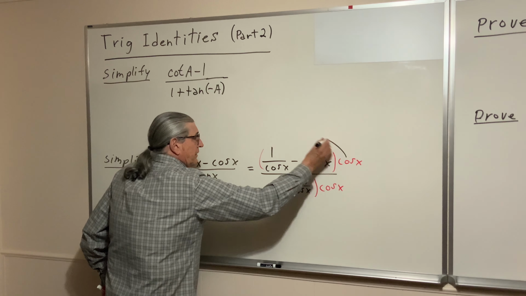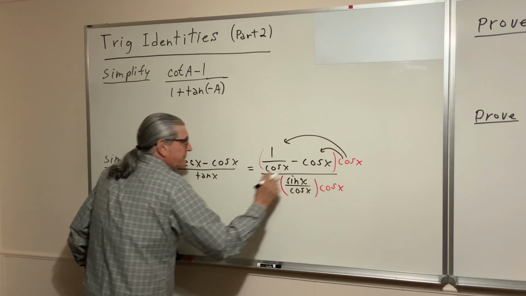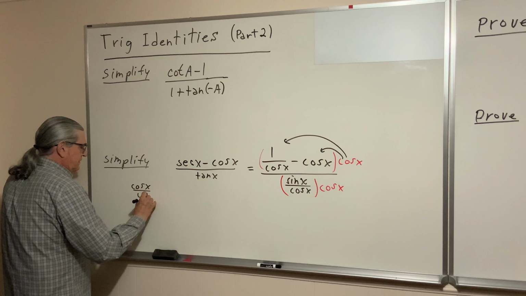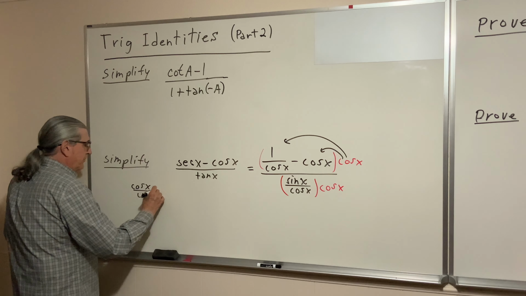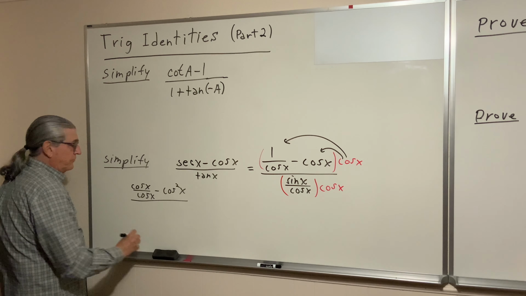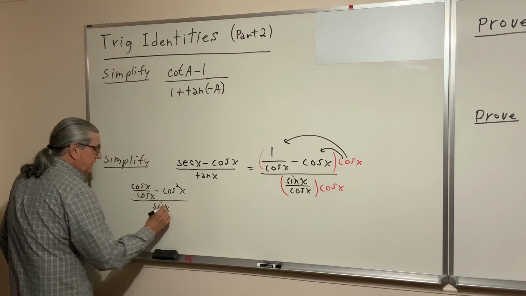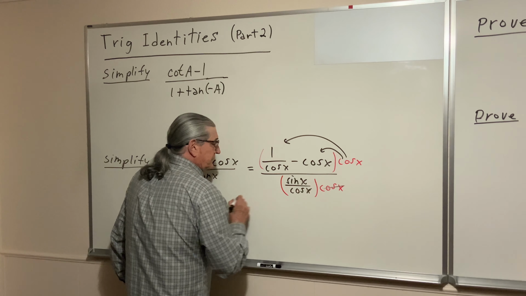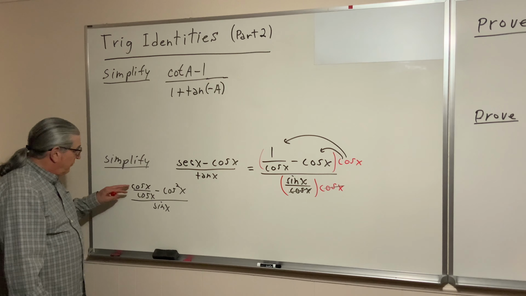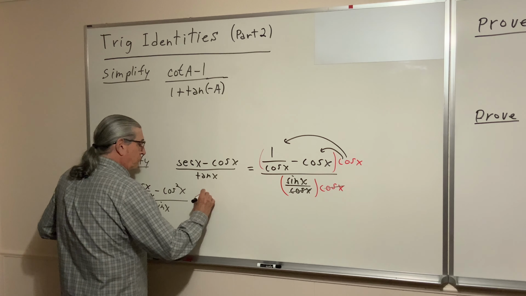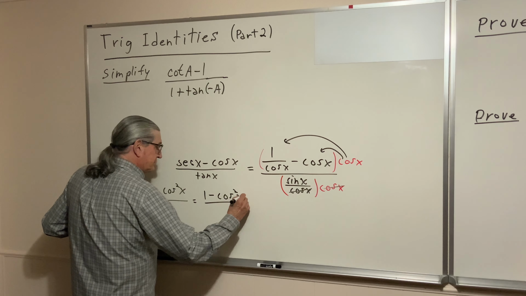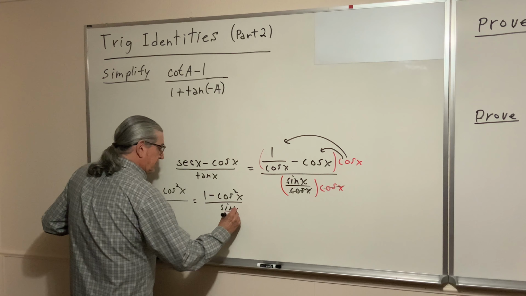So I'm going to distribute this to both of these, and I have cosine x over the cosine x minus the cosine squared x, all over the sine x. So in other words, this cancels with this. This becomes the cosine squared, and this is the cosine over the cosine. Well, that's just 1. So this is 1 minus the cosine squared x over the sine of x.